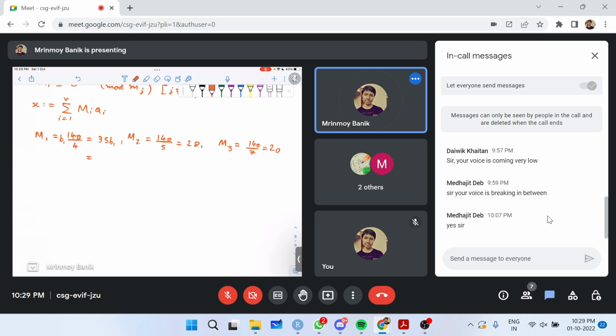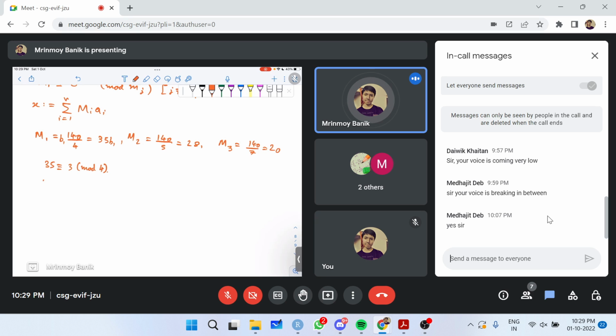So you can use that Euclid's algorithm trick if you rigorously want to find B1. But here, since the numbers are small, we can try hit and run. 35 is congruent to 3 mod 4.